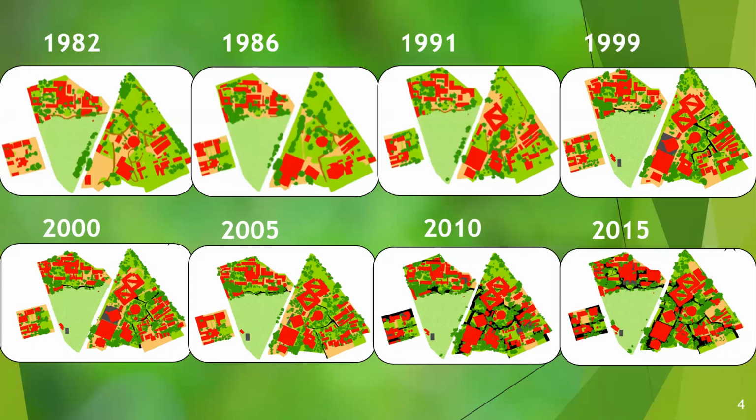So we identified, as you can see here very clearly, the reddish color has become dominant, and the green color and the bare soil have somewhat reduced. For example, here which is more green in 82, 86, 91, you can see a building coming up, especially in 2015, the FGS building here, and then again one in the gym and the sport complex of the university closer to the ground.